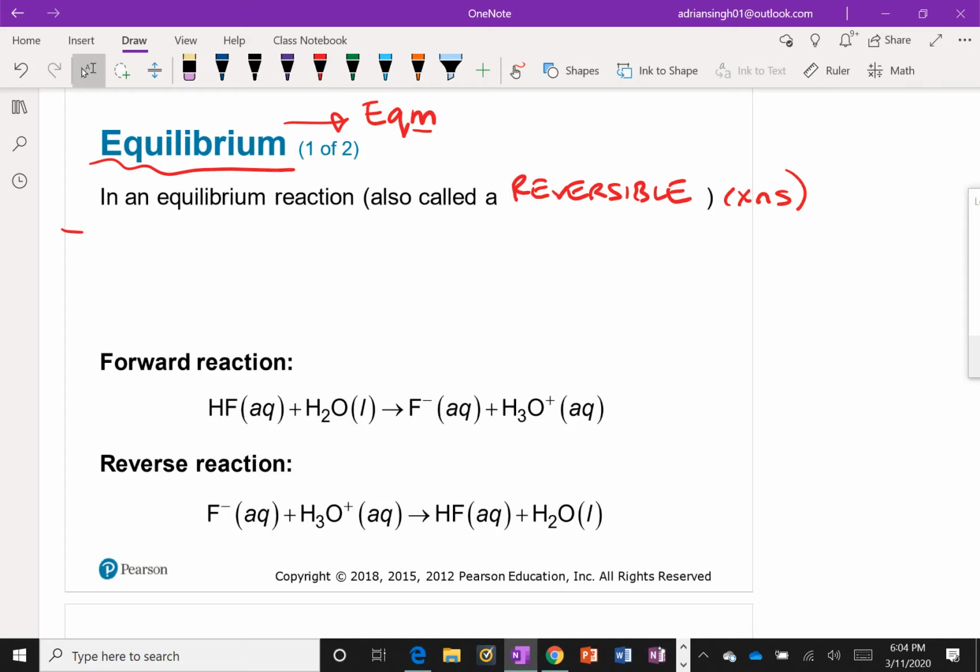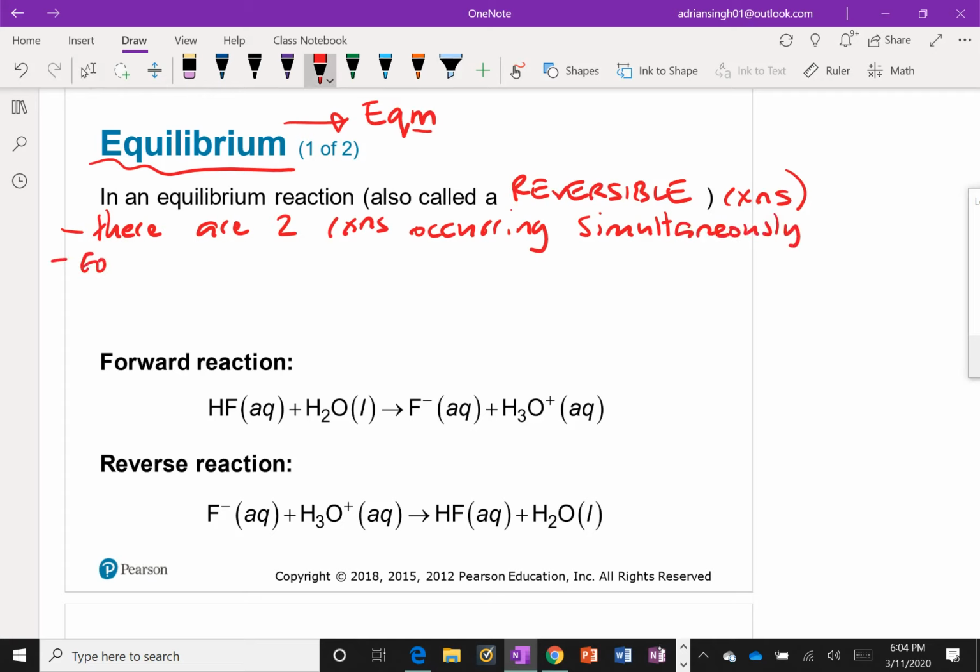So in an equilibrium reaction, there are two reactions occurring simultaneously. A forward, which by default goes from left to right whenever we write an equation.